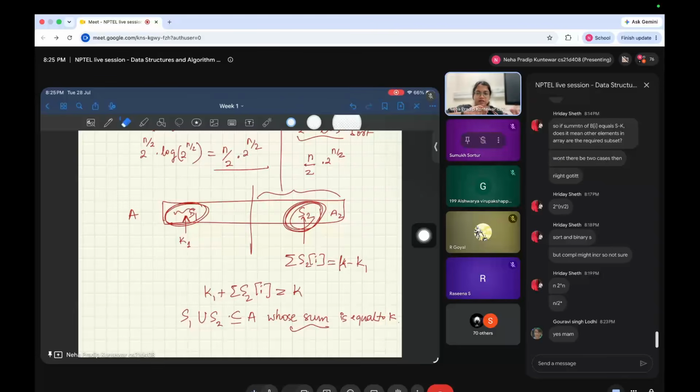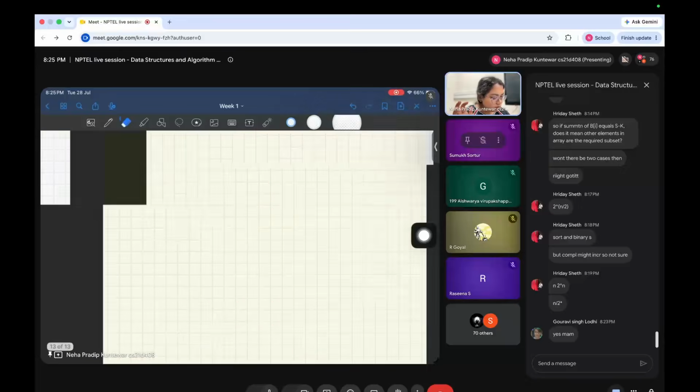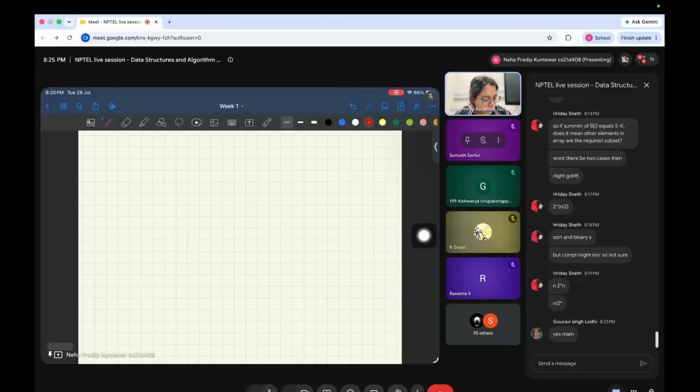Okay, so let us simplify the question. Let us say you have the sums of subsets. So you had 2 to the n by 2 subsets, and this set stores the sums. Okay, so for subset 1, subset 2, and so on up to subset 2 to the n by 2.